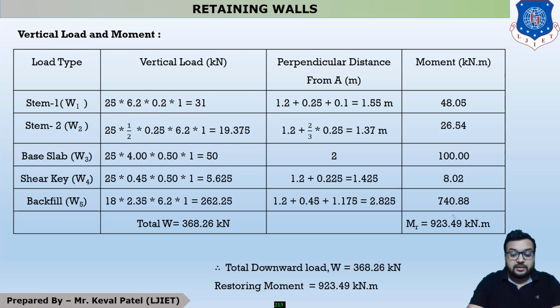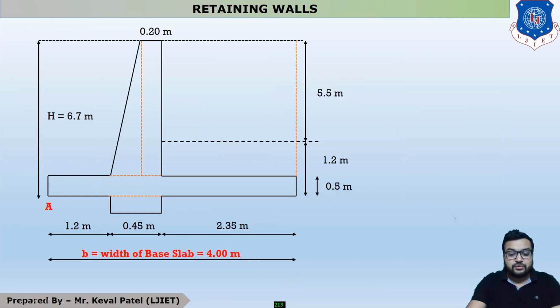Now what is the distance? You can see that this length is 0.2. Now what is the CG? CG is 0.1. But what is the distance from here? This length is 1.2. This whole portion is 0.45, but this is 0.2, so this is 0.25.